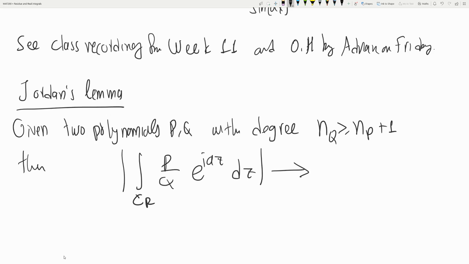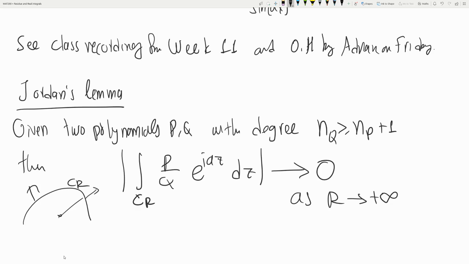That goes to 0 as r goes to plus infinity. So as you extend this semicircle, the line integral goes to 0.